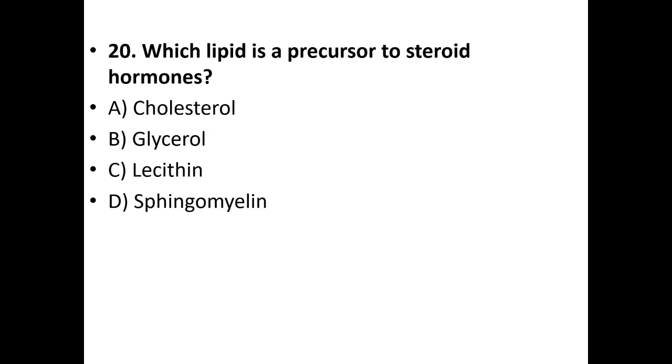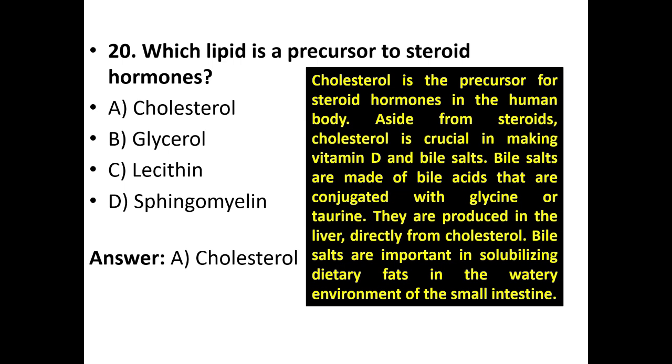Question number 20. Which lipid is a precursor to steroid hormones? Cholesterol, glycerol, lecithin, sphingomyelin. Your answer is A, cholesterol. Cholesterol is the precursor for steroid hormones in the human body. Aside from steroids, cholesterol is crucial in making vitamin D and bile salts.